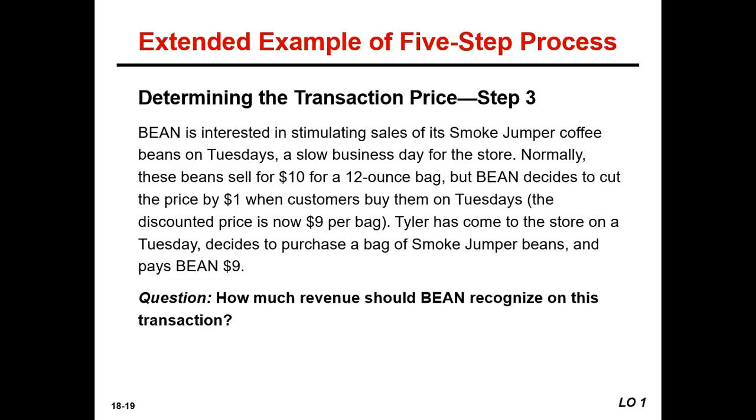So the discounted price class is now $9 per bag. Tyler has come to the store on a Tuesday, decides to purchase a bag of smoke jumper beans and pays Bean $9. How much revenue should Bean recognize on this transaction?